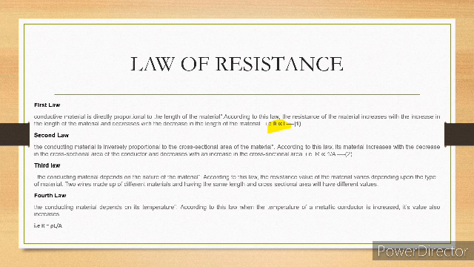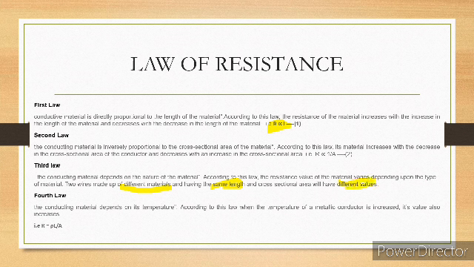So the resistance depends upon what kind of material you are using. Here they have told that if you are using different materials, even though they have the same length and cross-sectional area, the resistance will have different values.